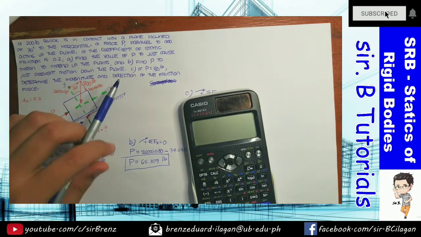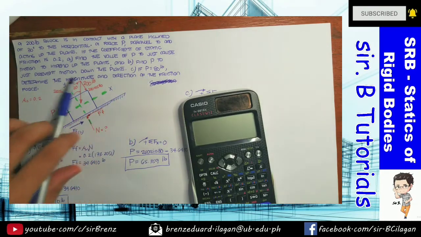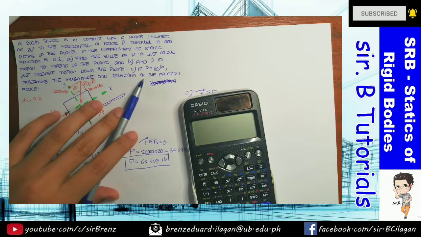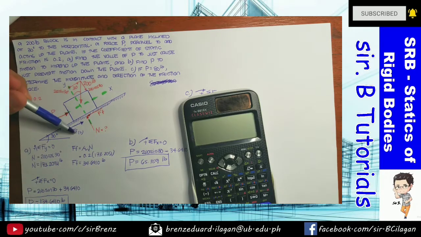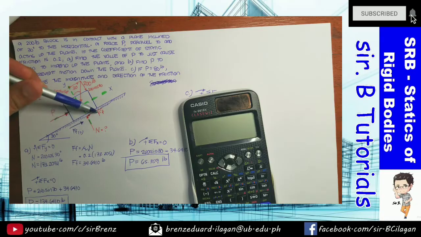And guys, for letter C, if P is equal to 80 pounds, determine the magnitude and direction of the friction force. So what we are asked to find here is F sub F. I know, but we don't know what the direction will be.